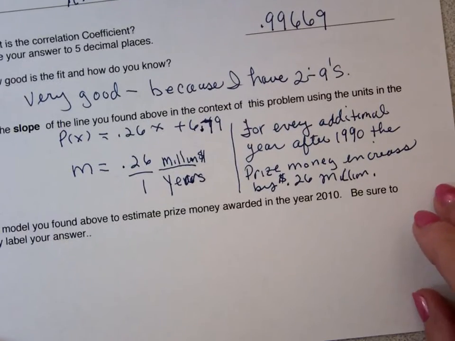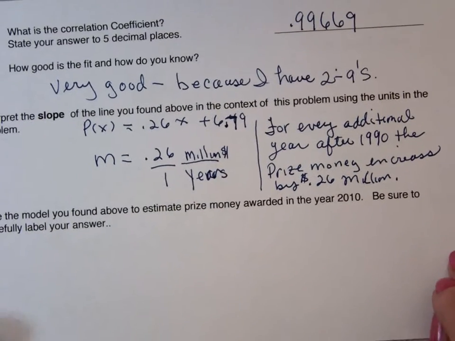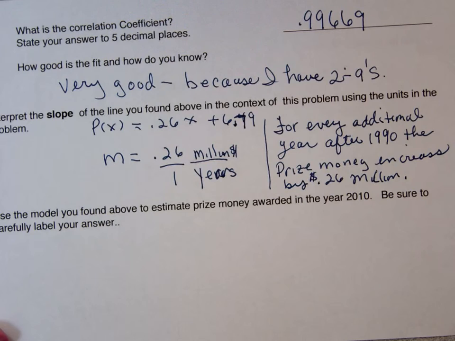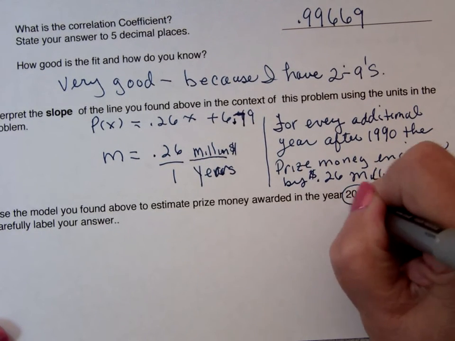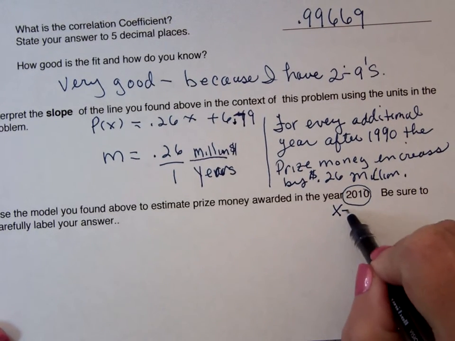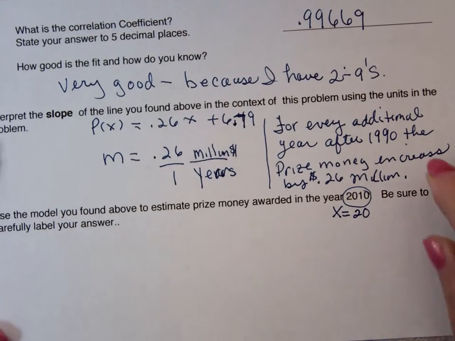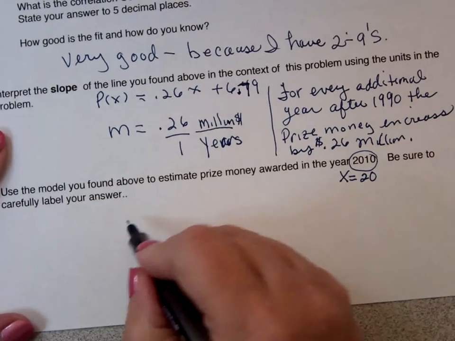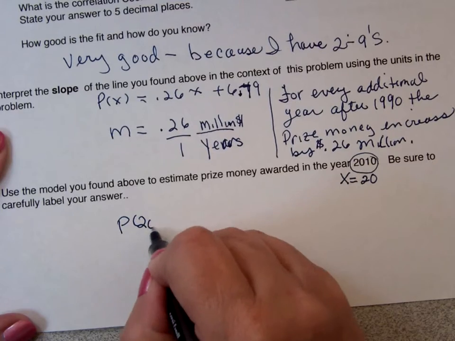Use the model found above to estimate the prize money awarded in the year 2010. 2010 is what X value? 20. So that says X is 20, so I'm looking at P of 20.